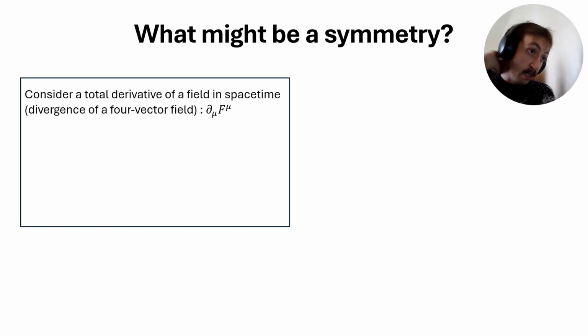So the symmetry we're going to be showing today is a shift we can make to our Lagrangian density, and this shift is the divergence of some 4-vector field.